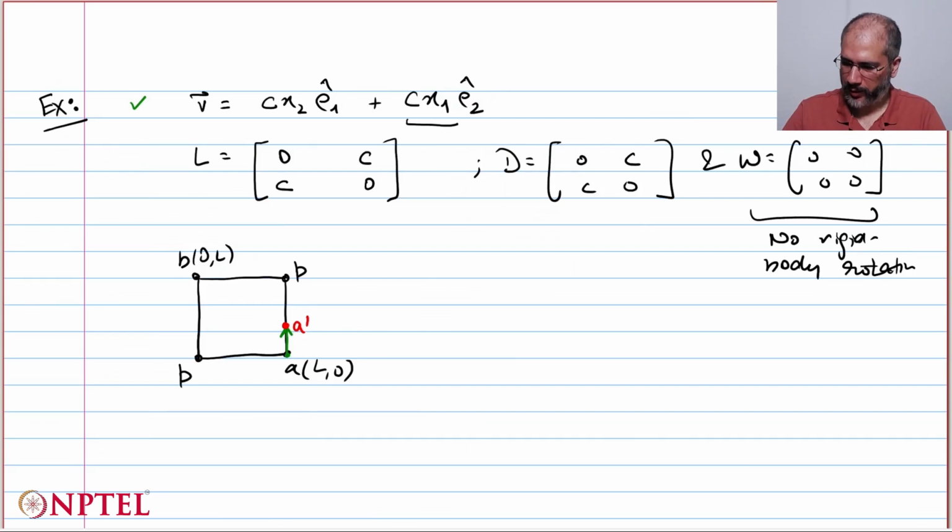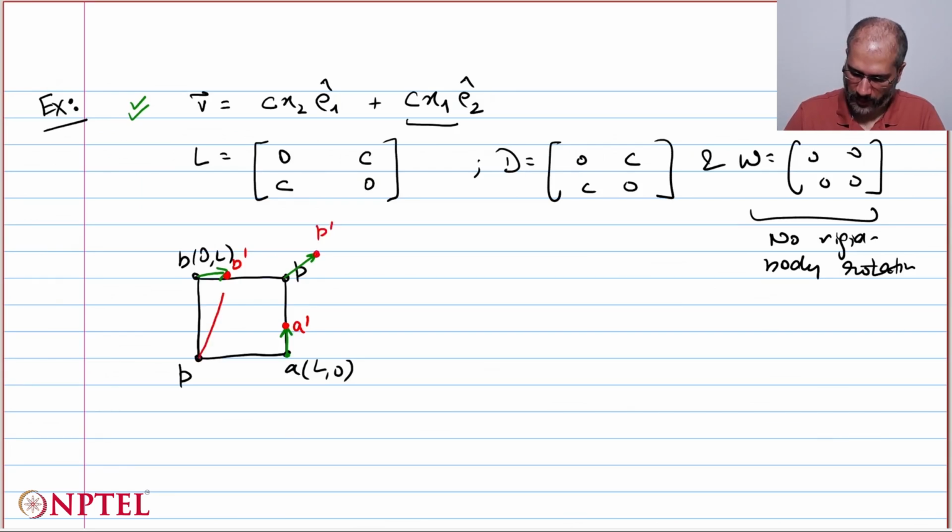Similarly, if I look at point B from this expression again, then its velocity is purely in the x1 direction. So this point moves to the right. It reaches a point here. Let's call this B prime. So the velocity of point P is like this, and it goes to a point P prime here.